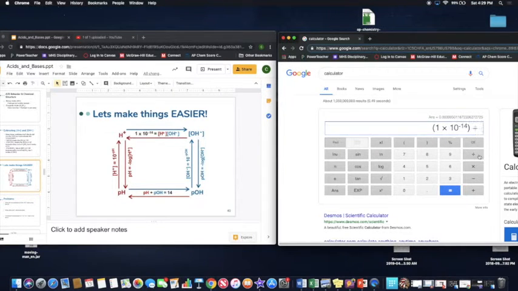Then I'm going to divide by the OH minus concentration, which was 1.4. And again, make sure you use parentheses. Times 10 to the negative 4. And doing that conversion gives me 7.14 times 10 to the negative 11. That would be my H plus concentration.